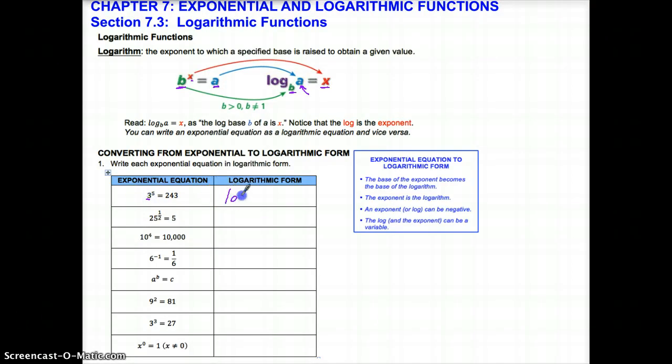So, I would say log base 3 of the number 243 is our exponent. So this is just telling us that 5 is the number that our base 3 has to be raised to in order to get 243. So I'd like you to pause this right now and try some of the other problems, and then we'll take a look at those.